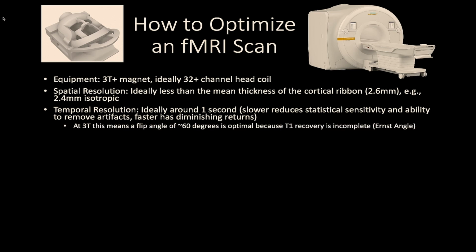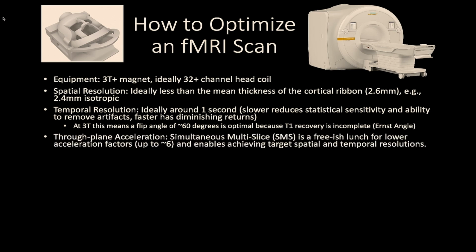And so we use a flip angle of 60 degrees at 3T because we have incomplete T1 recovery still. And we can achieve this with an SMS factor of around 6, or even, on Siemens scanners, if we put our field of view of the fMRI very tightly around the brain, we can actually do it with 4, so we can even do it on the 20-channel coil.